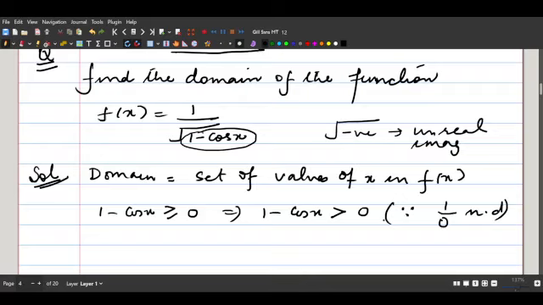Now I have to check 1 minus cos x greater than 0. Everybody of you knows that cos x lies between 1 and minus 1, right? So the maximum value of cos x is 1, and the minimum value of cos x is minus 1. Got it? Cos x cannot be taken as 1, because if cos x is 1, the expression becomes equal to 0, and 1 by 0 is not defined.